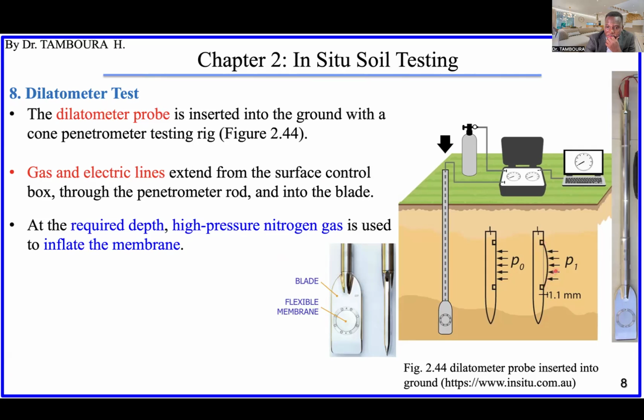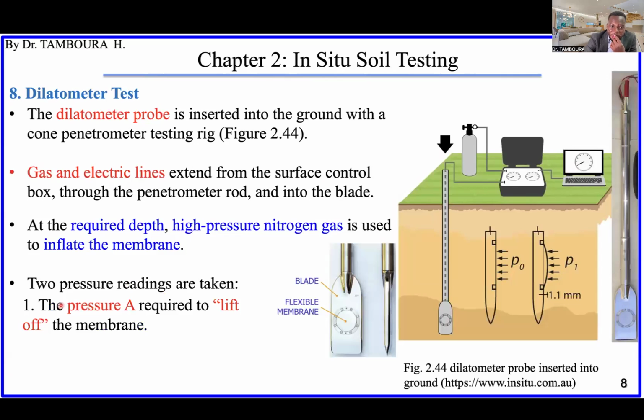Then we measure two pressures, as you can see here. Pressure A is the pressure required to lift off the membrane, because you have to push and reach a minimum limit before the membrane starts reacting. You can see here, this is the P0 we obtain.